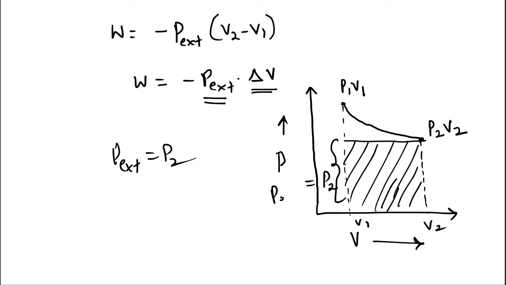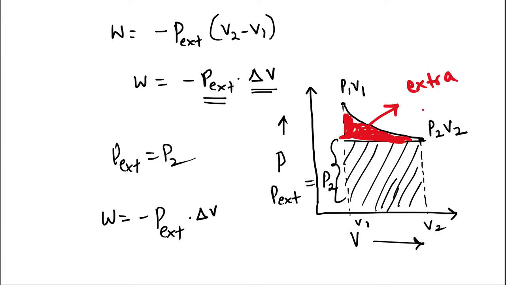Therefore, the product of external pressure times delta V. What is that? Negative P external times delta V, which is smaller than the area under the curve. This part is extra in the reversible process.